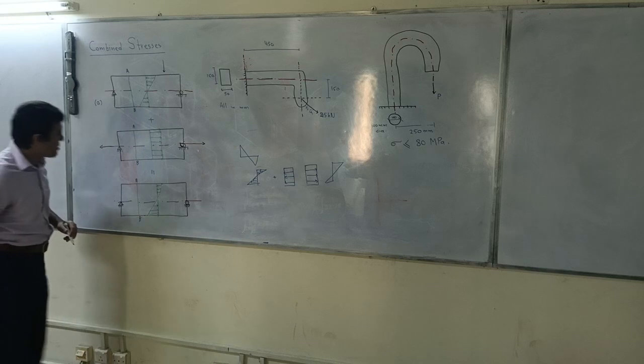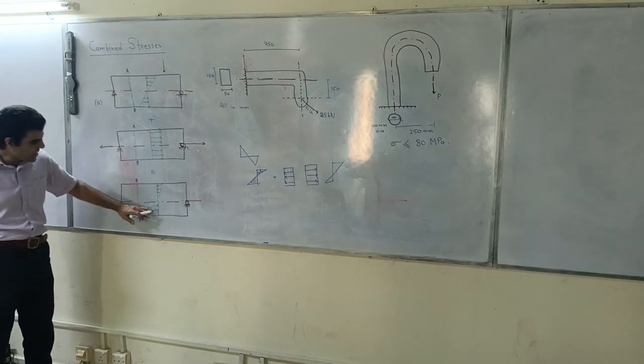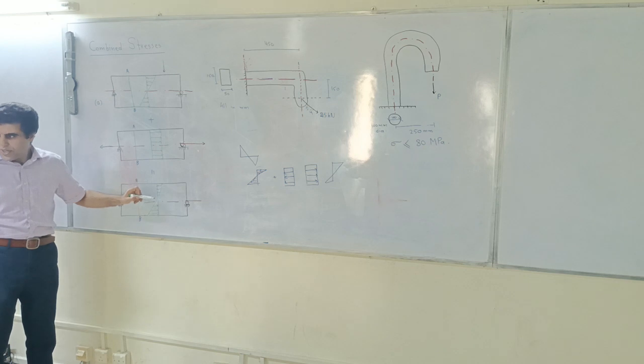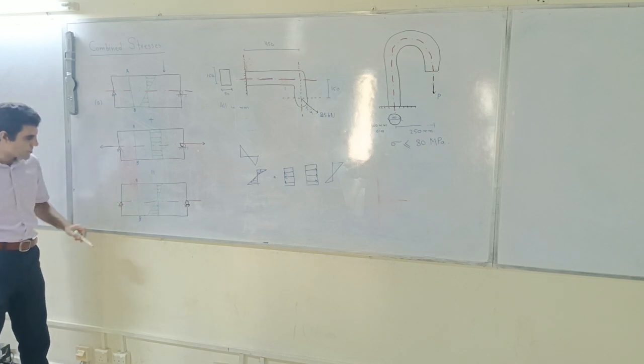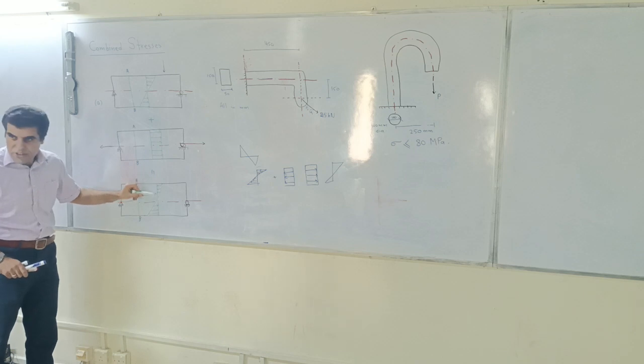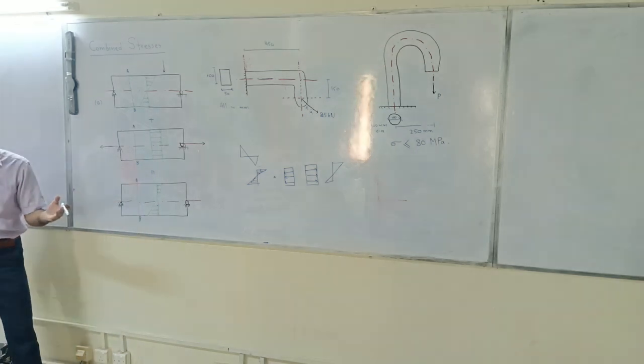So imagine what has happened is that the magnitude of this one has increased and the magnitude of this one has decreased, and the neutral axis will be shifted.